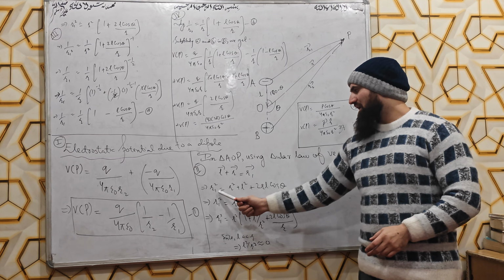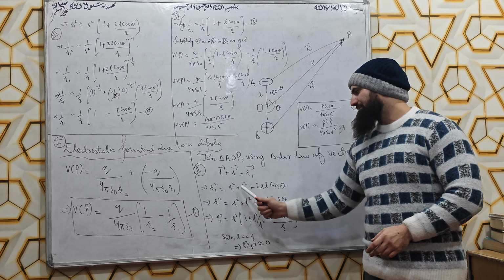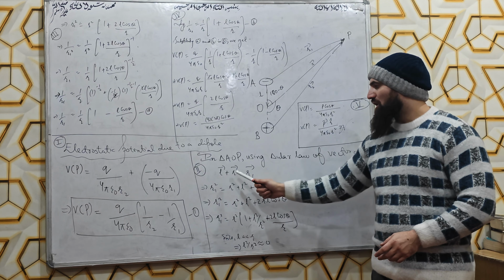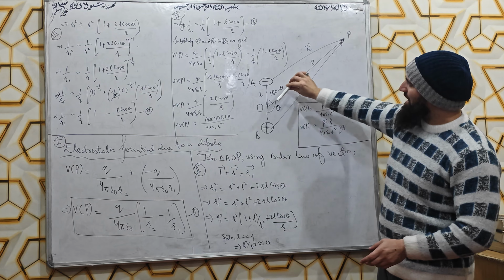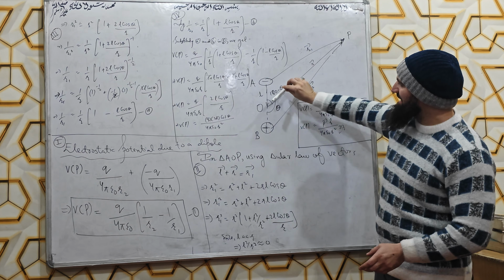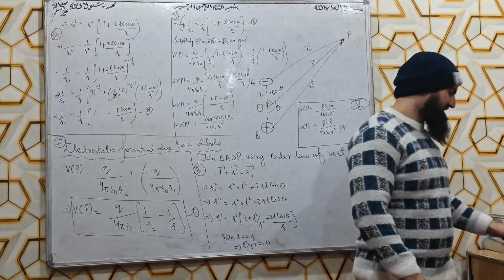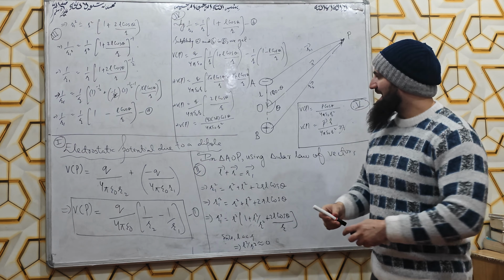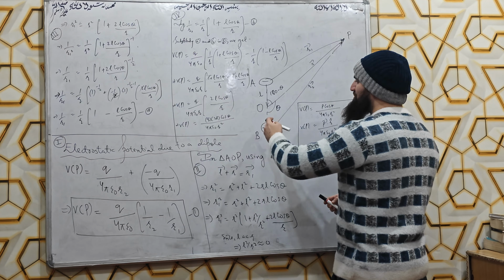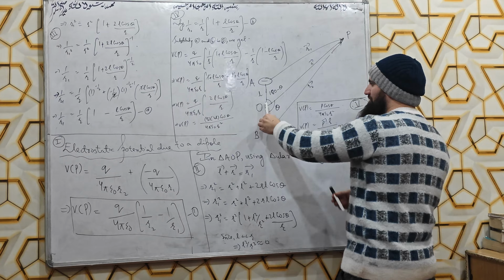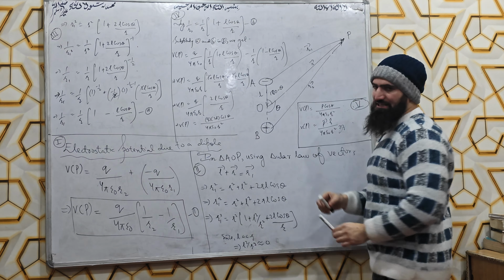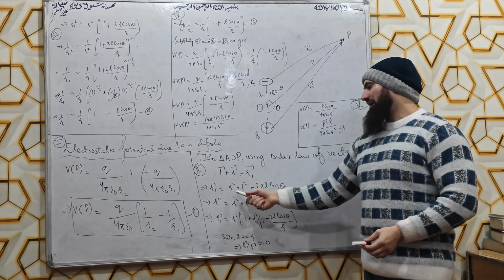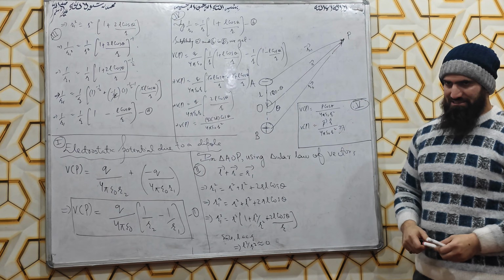So the magnitude of R1 square will be R square plus L square plus 2RL into the cos of the angle between L and R. Now the angle between L and R is the angle between the two tails. So to see the angle between L and R, we have to shift this L vector forwards, and R vector is this. So the angle between L and R is this theta. That's why I have written R square plus L square plus 2RL cos theta.